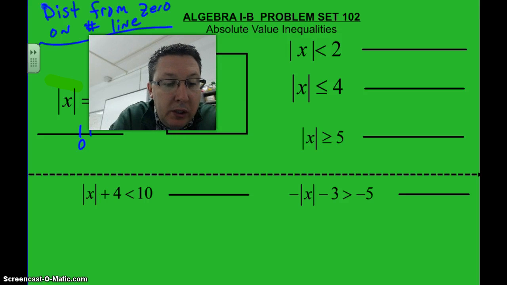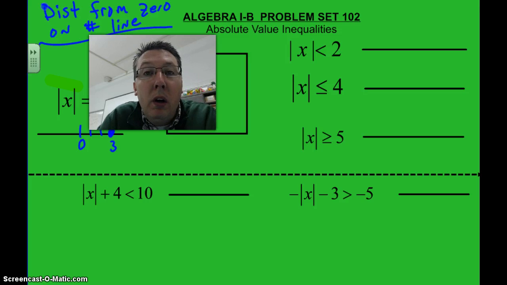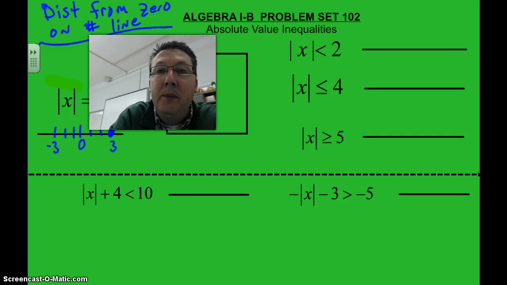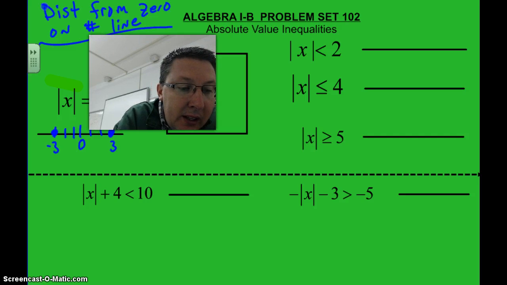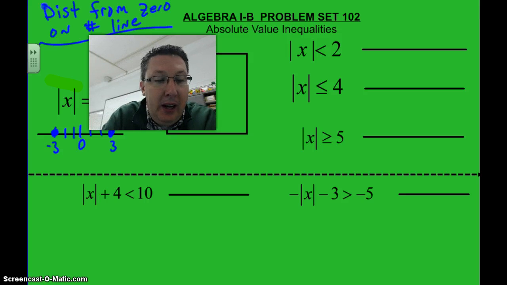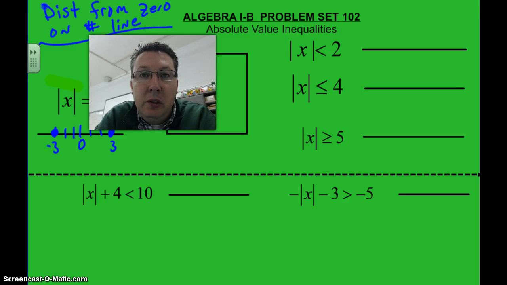So I could go 1, 2, 3 to the right, and I could land on that point, or I could go 3 to the left, 1, 2, 3 to the left. And if I go to the left, I'm on -3. So, for the absolute value of some number equal to 3, I have 2 possibilities: +3 or -3. So 2 solutions to that problem.